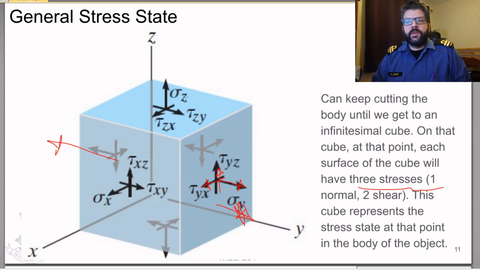So there's only three distinct normal stresses that you can have, and there are six distinct shear stresses, but there's only three independent shear stresses, and we'll get into that in a little bit.